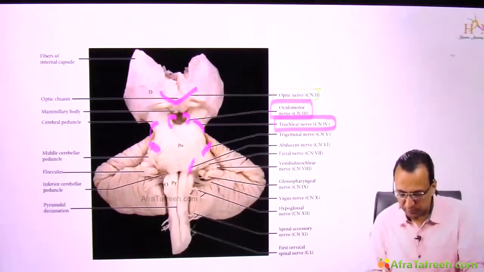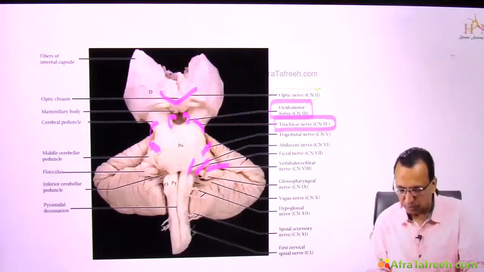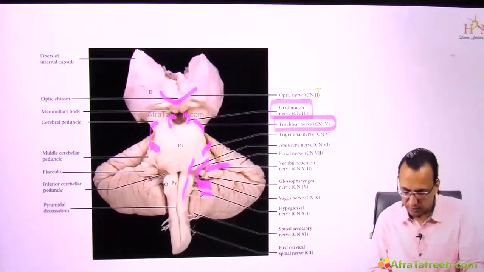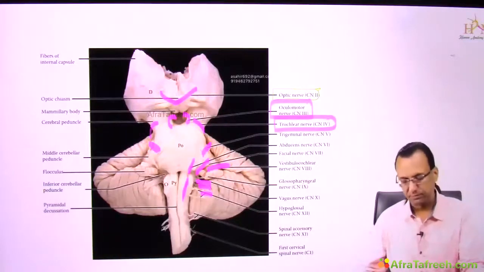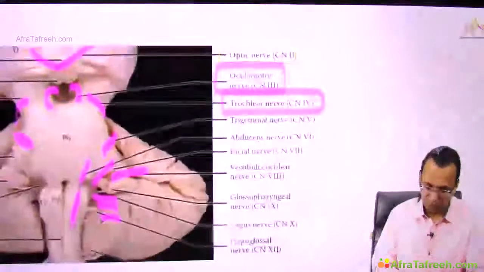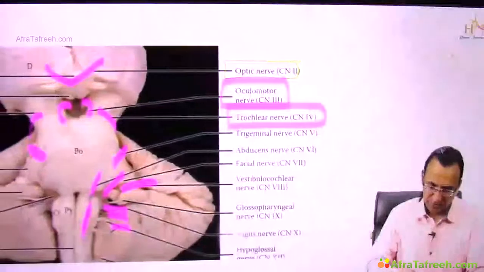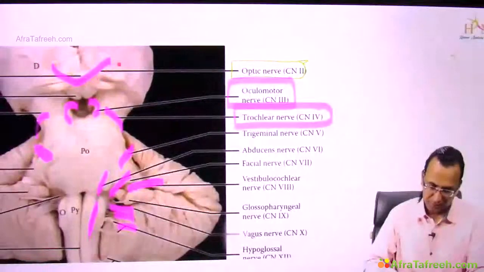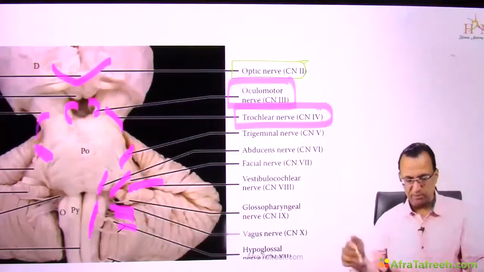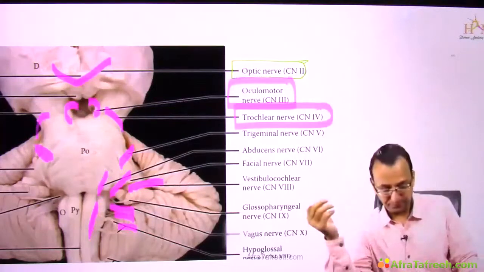The abducent, the facial, and the vestibulocochlear. Then you have number 9, 10, 11, and number 12 also. This is the front view of the brainstem, the actual brain. So that is the number 2. This is the number 3. This is the number 4. This is the number 5. This is number 6, 7, 8, and then 9, 10, 11, and 12. Just to have some orientation in the actual brain.